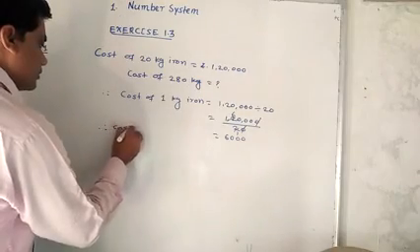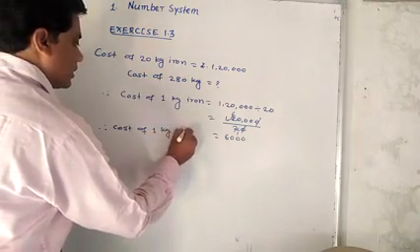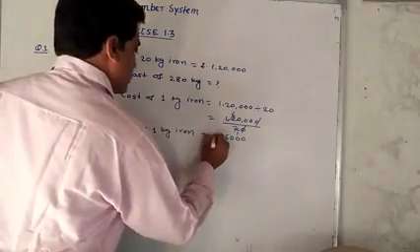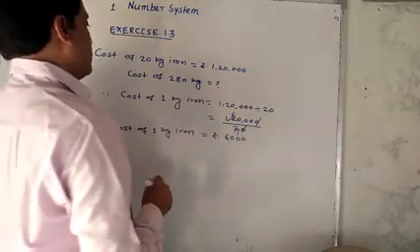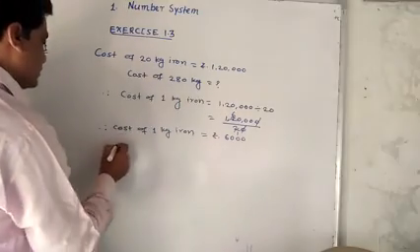Therefore, cost of 1 kg iron is equal to ₹6,000. Now we have to find cost of 280 kg iron.